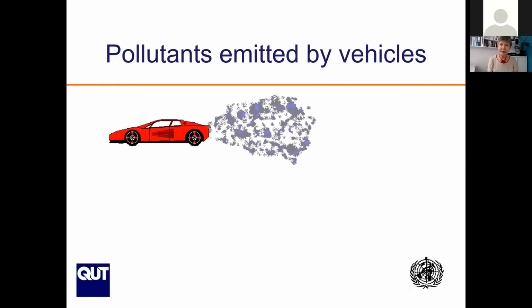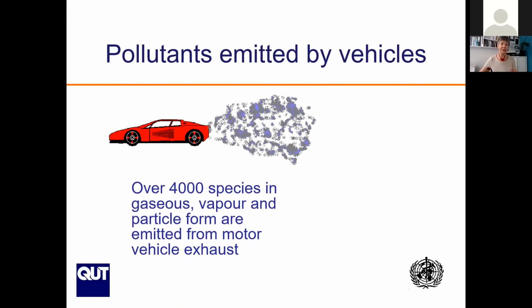Pollutants emitted by vehicles. I asked you that question last time, if I remember correctly, how many pollutants are emitted by vehicles? If I give presentations face to face, before I answer this, I'll ask my listeners, what do you think? Tens? Hundreds? Thousands?